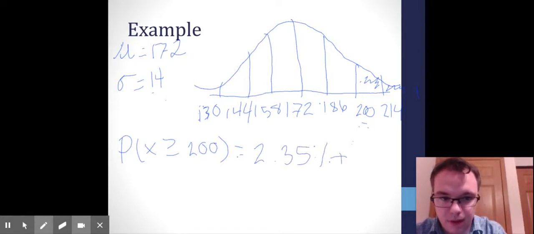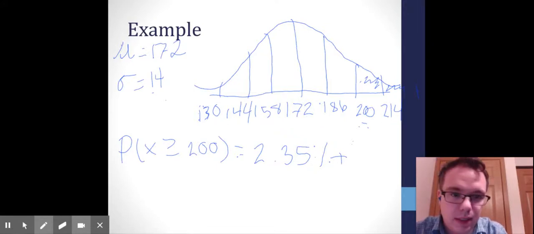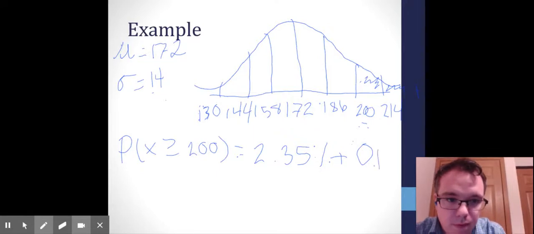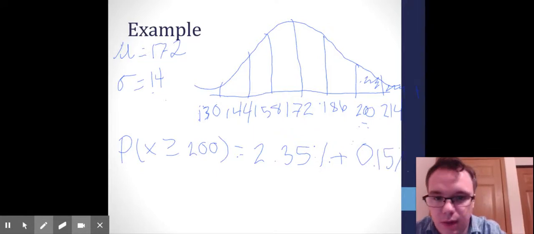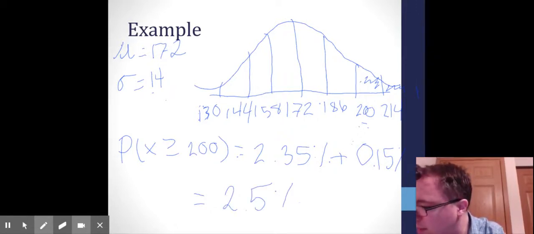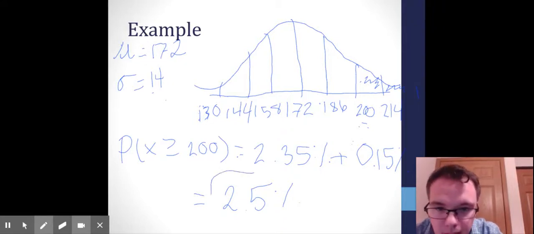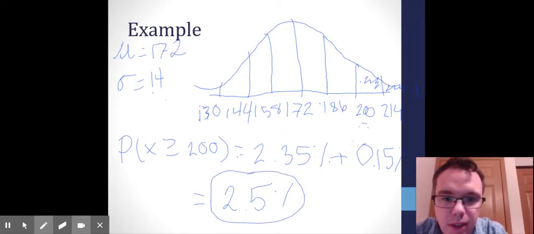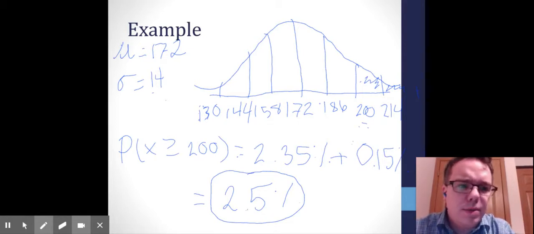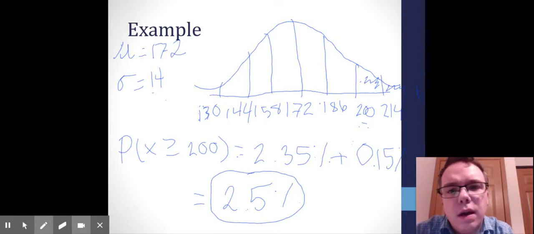And then to be above three standard deviations of the mean, that is 0.15%. If we add those together, we get 2.5%. So about what percent would be undesirable there? That would be 2.5%.